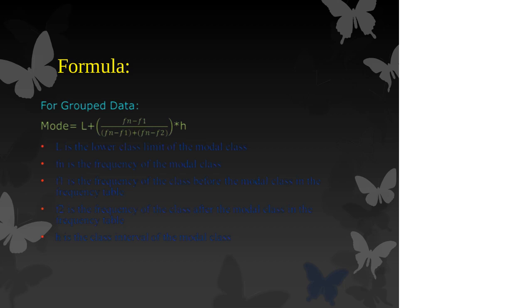Also, we can use the formula where the mode is given by 69.5 plus 32 minus 20, multiplied by 10, divided by 32 times 2, that is 64, minus 20 and minus 25.